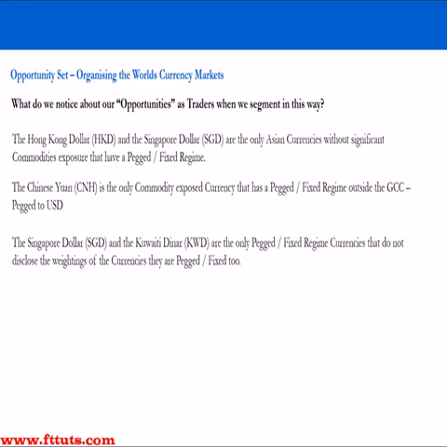What else do we notice about our opportunities when we segment in this way? Well, we find that the Hong Kong dollar and the Singapore dollar are the only Asian currencies without significant commodities exposure that actually have a pegged or fixed regime.